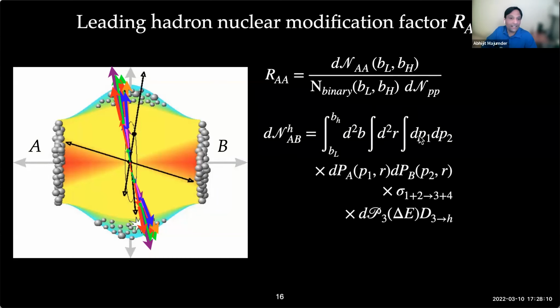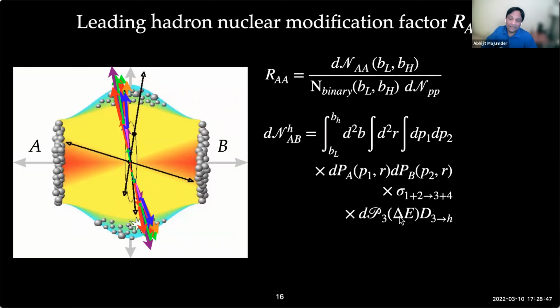If you try to calculate the numerator, there'll be some integration over impact parameter. It has to have some integration of the transverse location of where the jet would be formed. You would integrate over the probability of getting a parton from one of the nucleons in, say, the B nucleus, and the probability of getting a parton from the A nucleus, and there'll be some cross section which tells you how these two collide and produce two back-to-back outgoing hard partons.